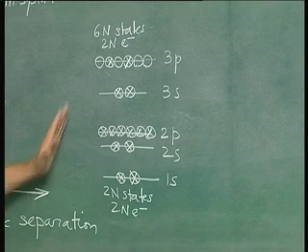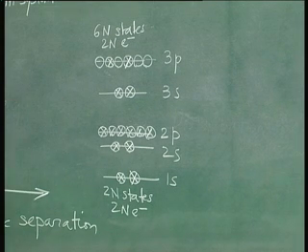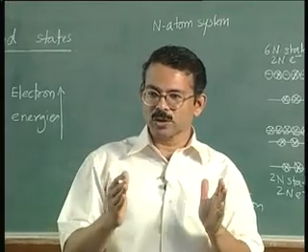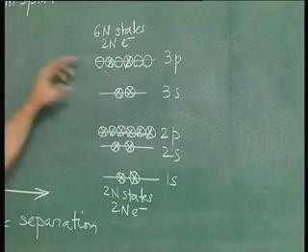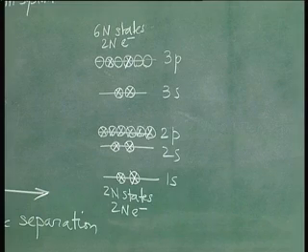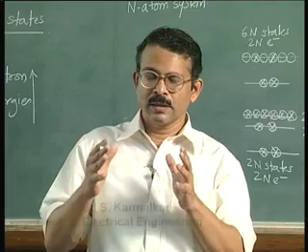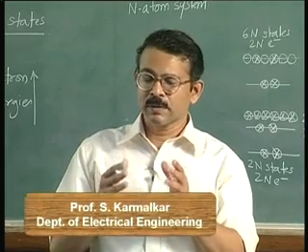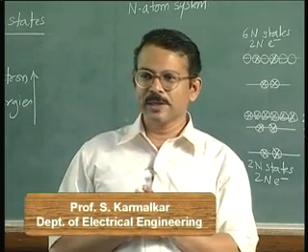Now let us see what is going to happen as you bring the atoms close. As you bring the atoms close, the coupling starts between the various atoms, and now you apply the Pauli exclusion principle.